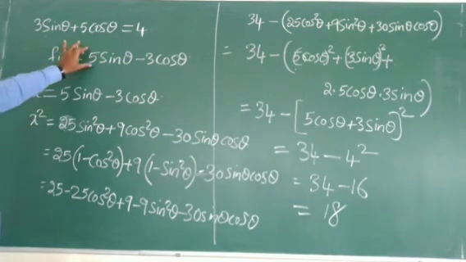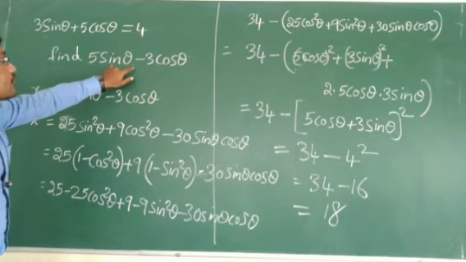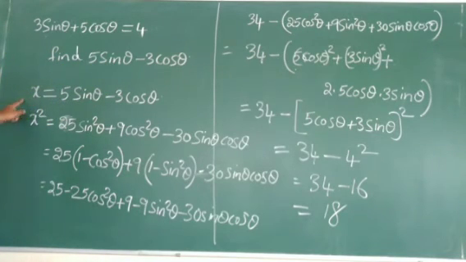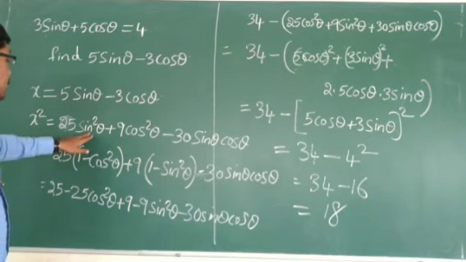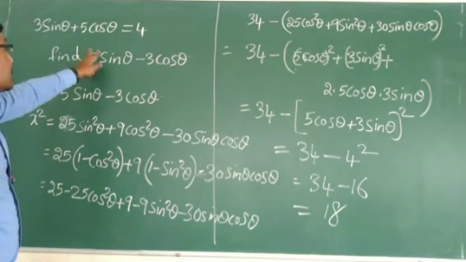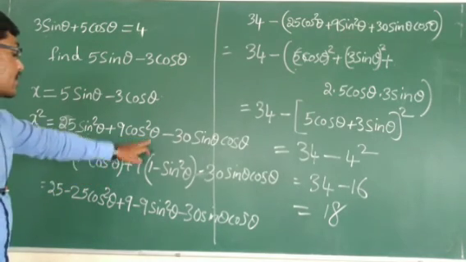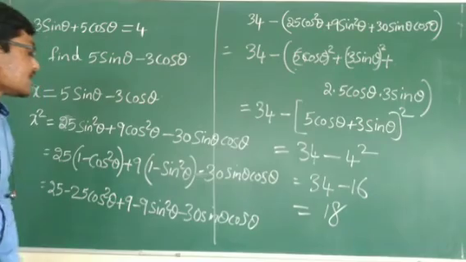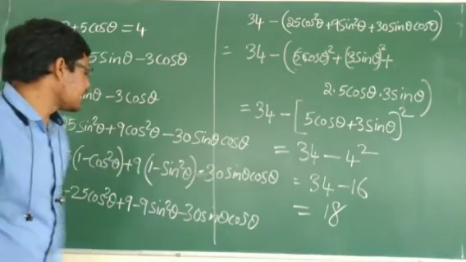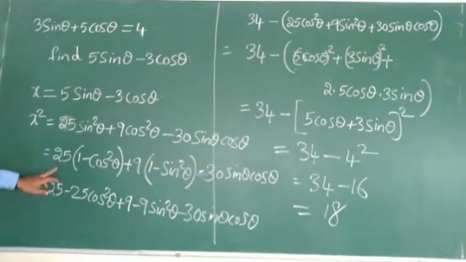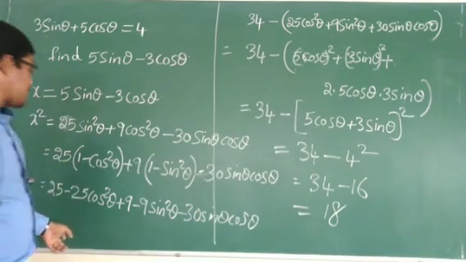So you take the given, you take what we have to find as x, then we can take squaring on both sides. Then this is an important step, because here it is interchanged, here also we take sin square theta as 1 minus cos square theta and cos square theta as 1 minus sin square theta, minus 30 sin theta cos theta. Now just multiply, expand.